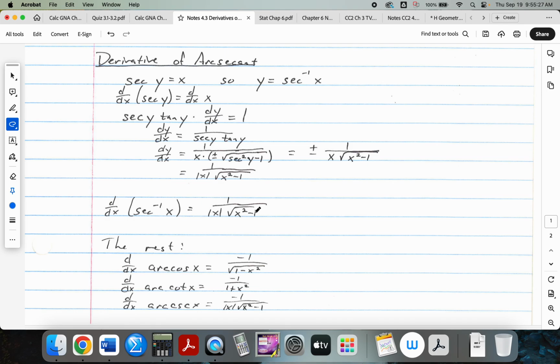Sometimes students say they have trouble remembering which one is which and what order this goes in. For me, I think about these x's being next to each other. That helps me remember, oh yeah, and secant is the more complicated one.